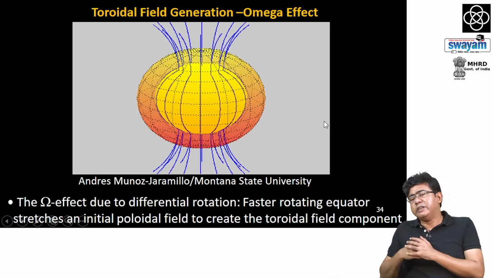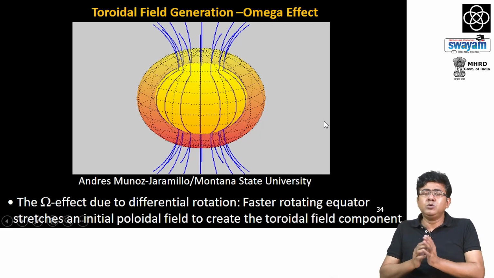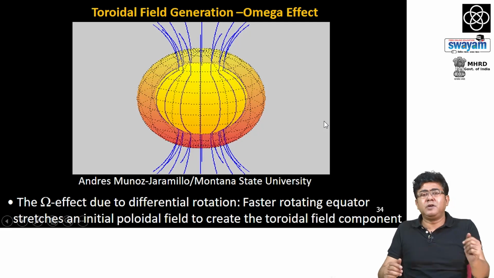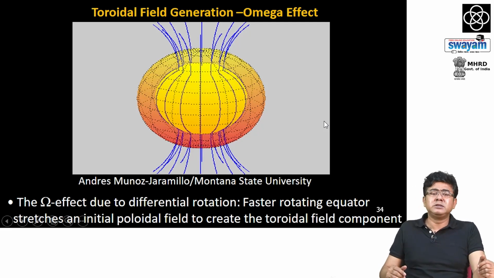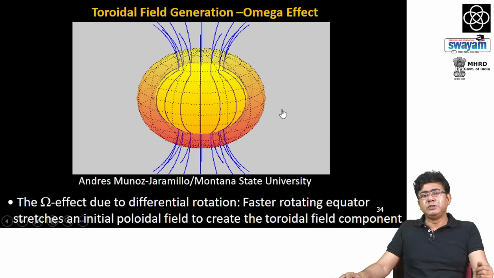So, without going into technical details, I want to tell you two important aspects of the dynamo action in the Sun. One is the creation of the toroidal component of the field, which is produced from the poloidal component, and this happens because of differential rotation. The rotation rate at the equatorial region of the Sun is much faster than the polar regions.